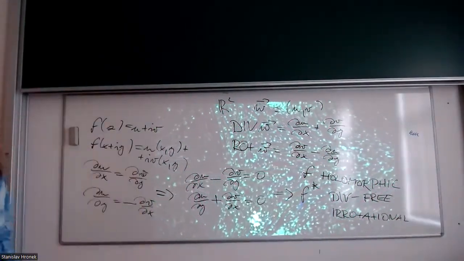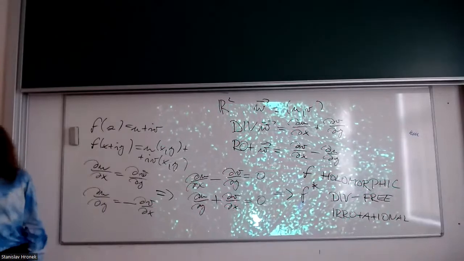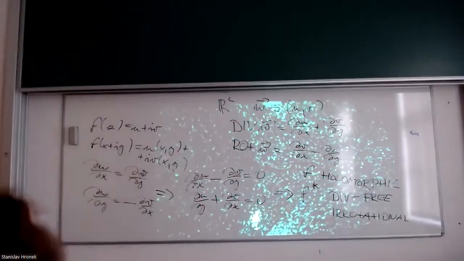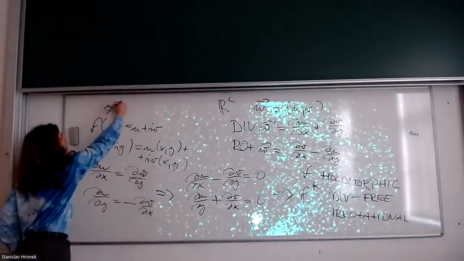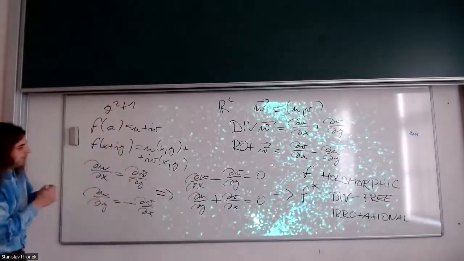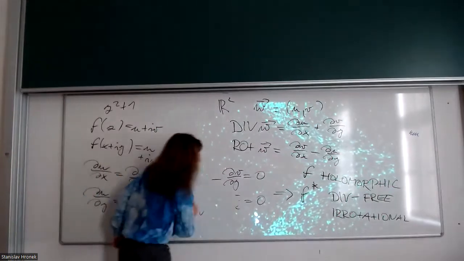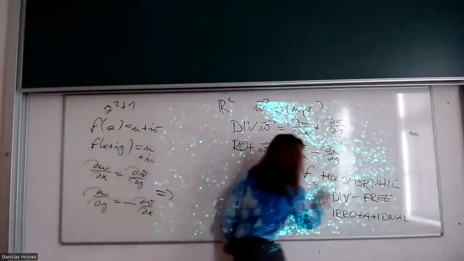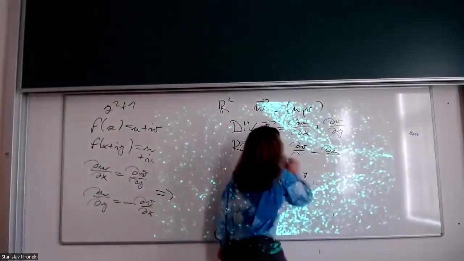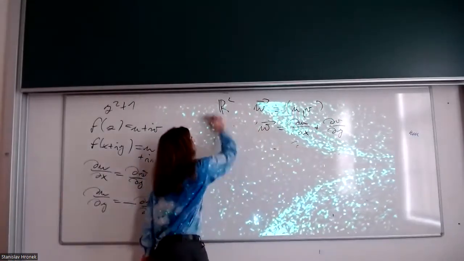Okay, so this is the polynomial z squared plus 1. And I will get rid of some of those expressions so that you can see it more clearly.